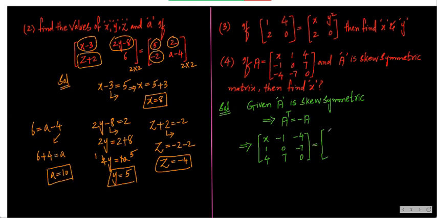So we get minus x, minus 1, minus 4; minus into minus plus 1; 0 multiplied with minus is 0 only; minus into minus plus 4; minus into minus plus 7; 0 into anything is 0.